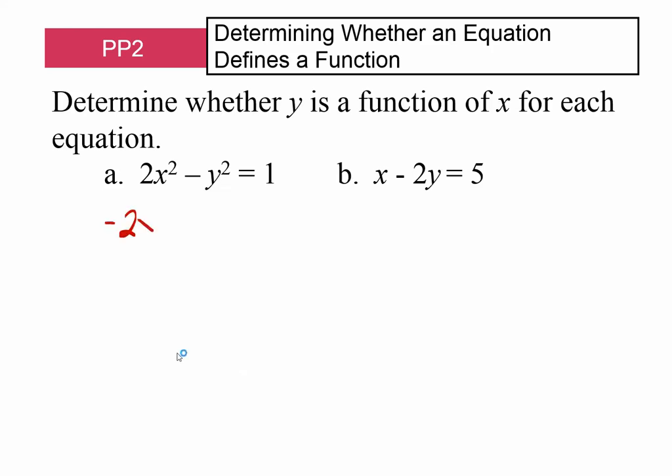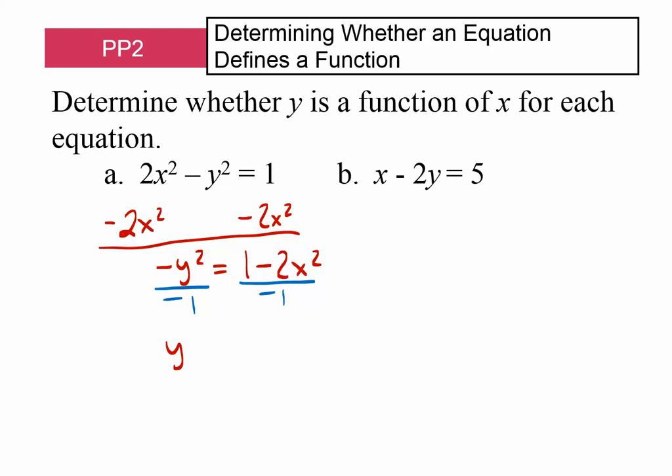So in this case, if we start solving, we're going to subtract 2x squared from both sides. Don't really like the negative there, so how about we divide through by -1 or multiply through by -1, and that way we get one more little step we've got to do to solve for y.